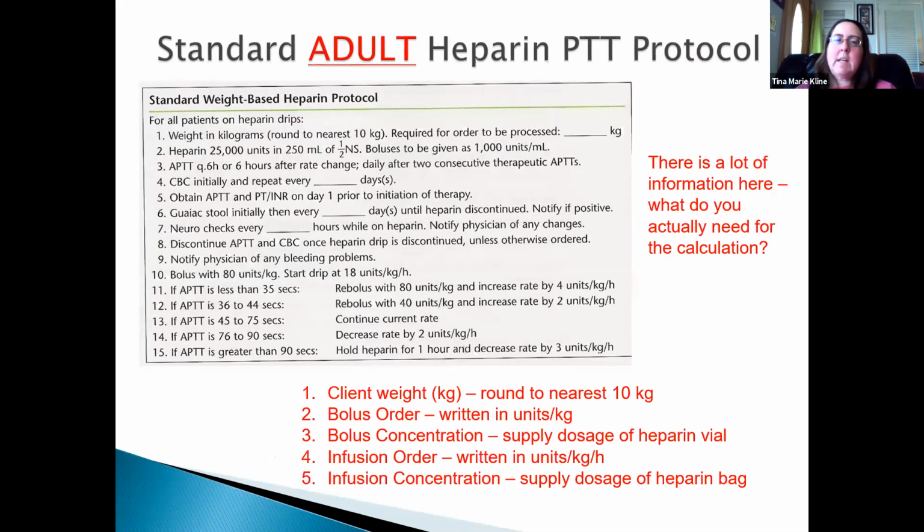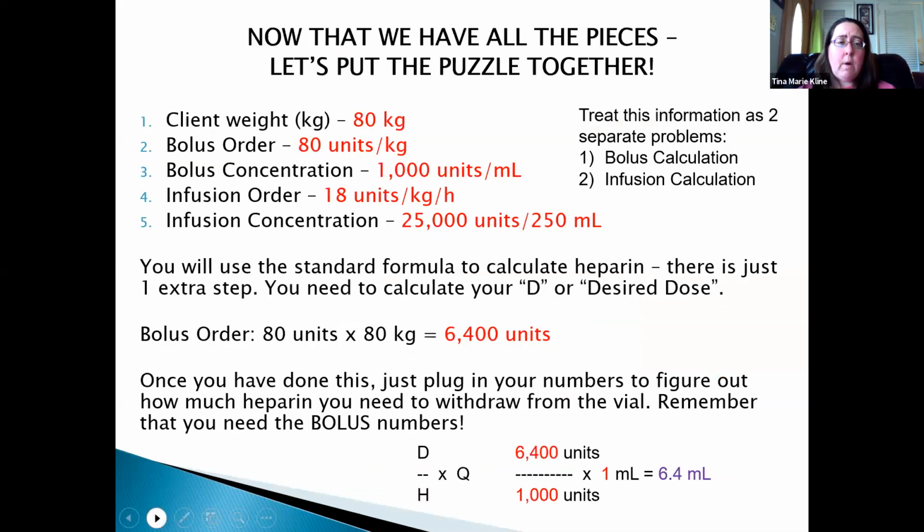If it's between 36 and 44, this is what you're doing, and so on and so forth. Your initial starting is the only time you are using number 10. After that, everything that you do titrating this heparin drip is going to be based on the titration pieces 11 to 15. Okay, so I'm just going to jump back ahead here really quick.